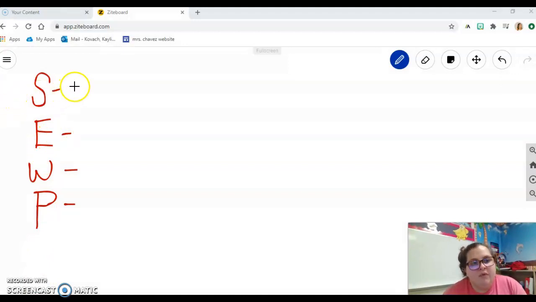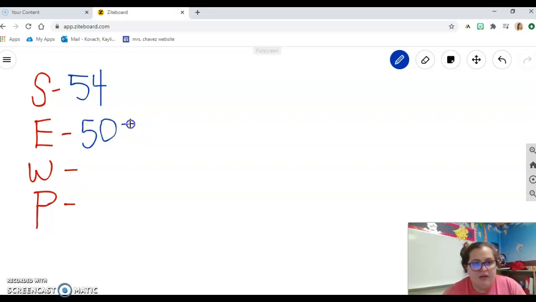Alright, standard form. So standard form, I said, is what you're used to seeing. So I'm going to give us the number 54. When we do expanded form, it's going to look like 50 plus 4, which equals 54.